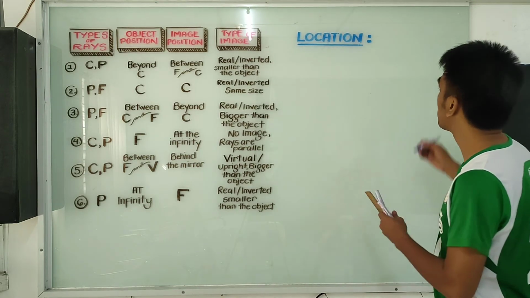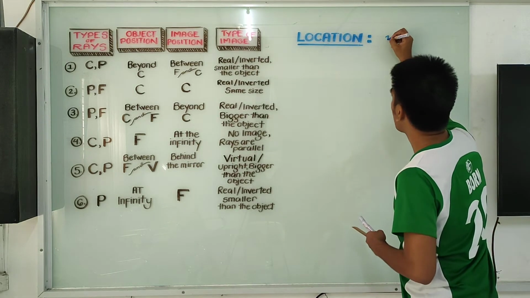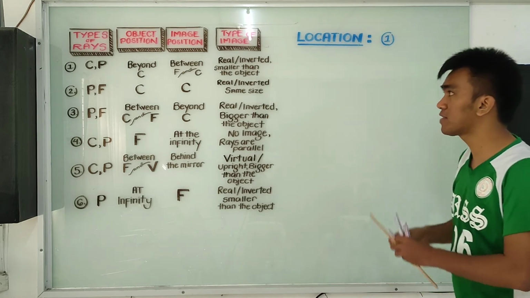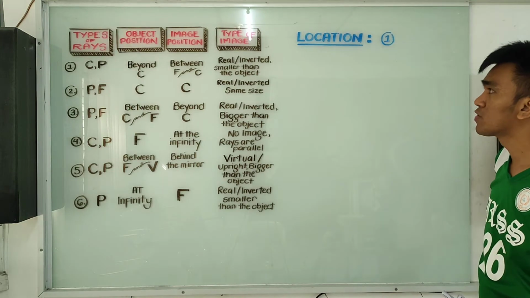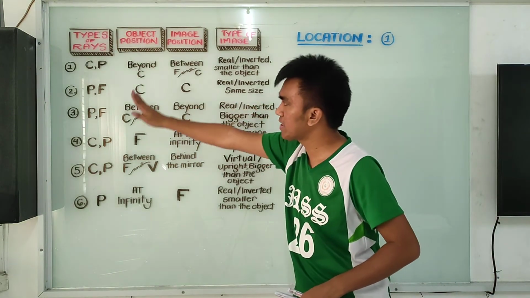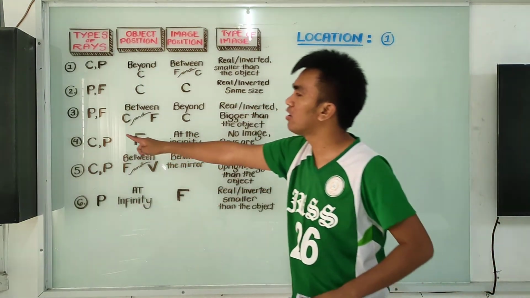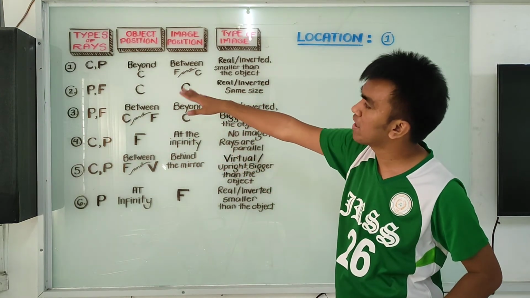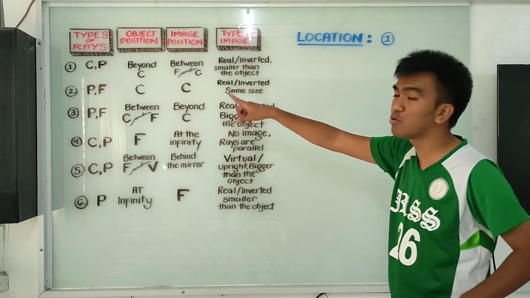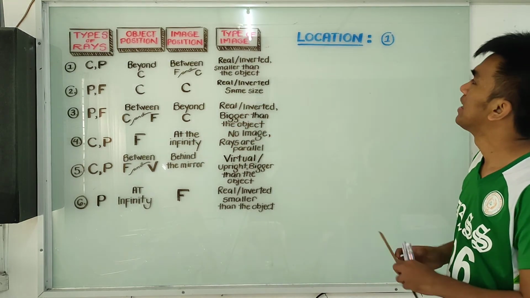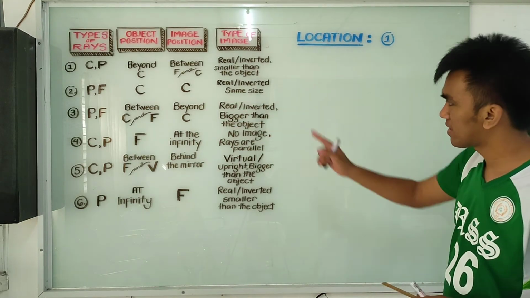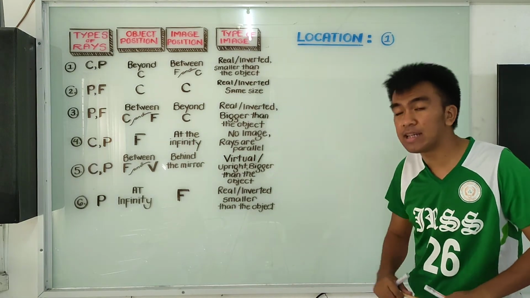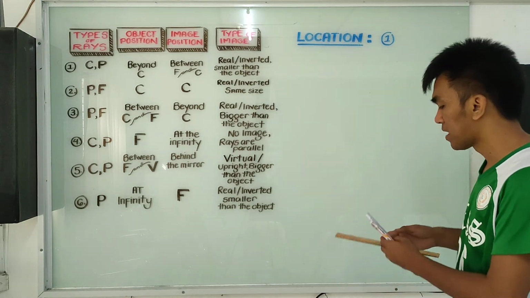So location number 1. We are going to illustrate the first location. Remember that for the types of rays, I only wrote their letters. So C stands for chief ray, P stands for principal ray, and F stands for focal ray.